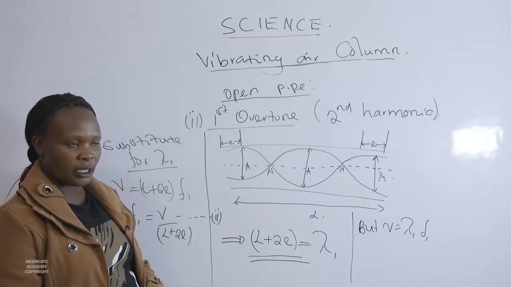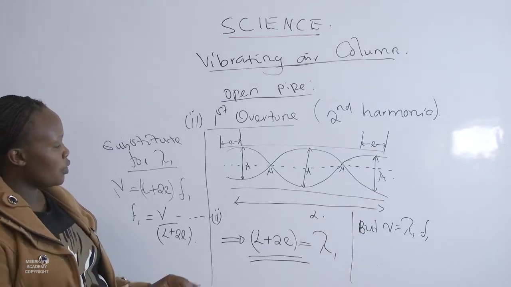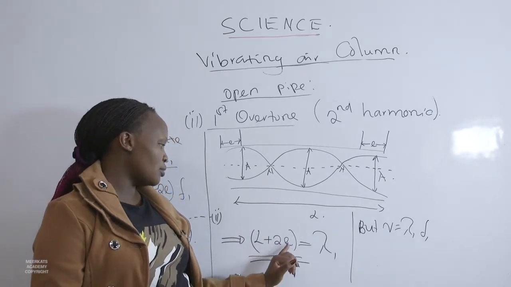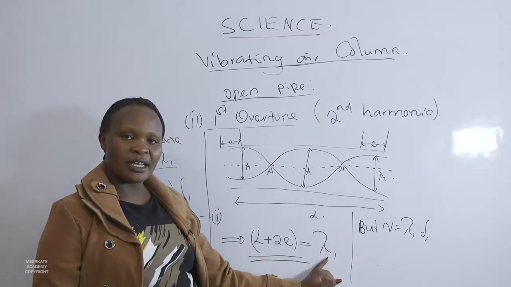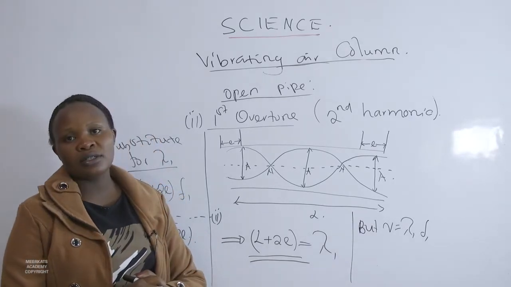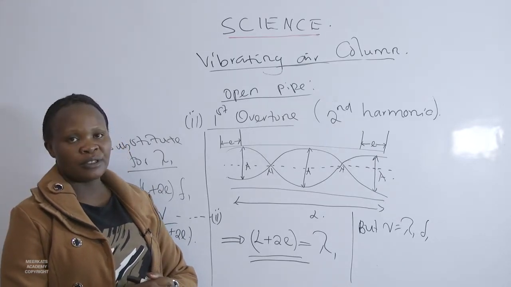Now, from that, we can equate L plus 2E to our first wavelength, because that is the full length of our wave.